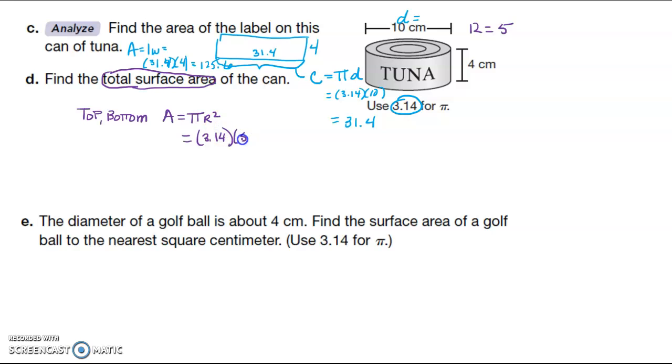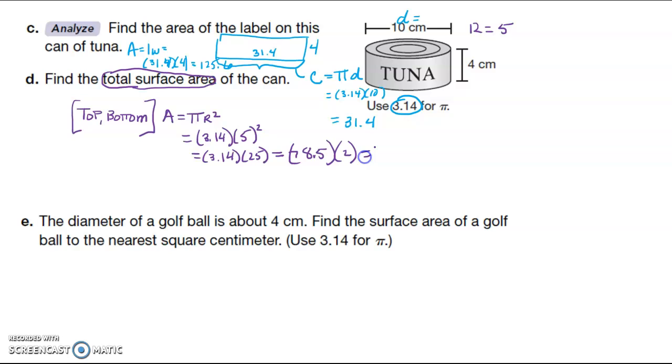3.14 times 5 squared, which is 3.14 times 25, 5 times 5. I get 78.5. Now remember, this is just for one of these, right? So I've got to multiply that by 2 because I have a top and a bottom.